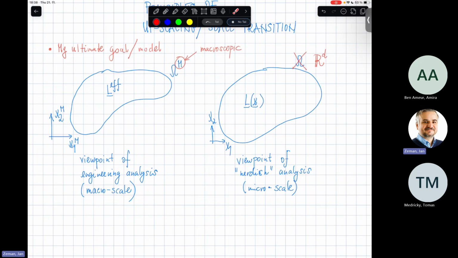And again, this is something which people doing genuine engineering analysis will never have to consider, basically.